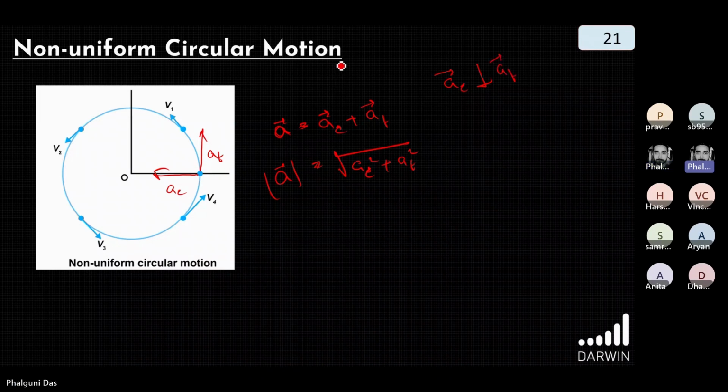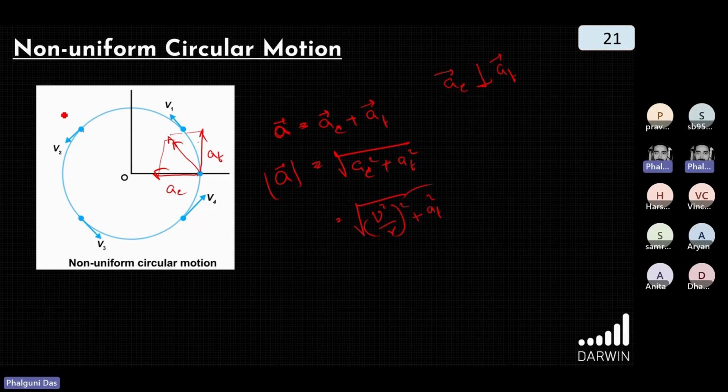Okay. And it has another form, that is the square root of V square by R, whole square, plus AT square. So the resultant will be somewhere in this direction. I'm just guessing because we just have to complete the parallelogram and that's the direction.